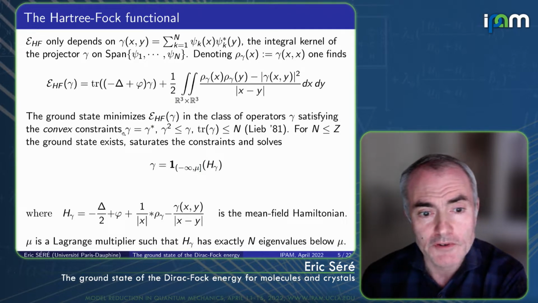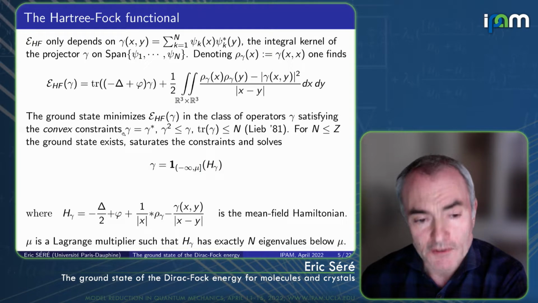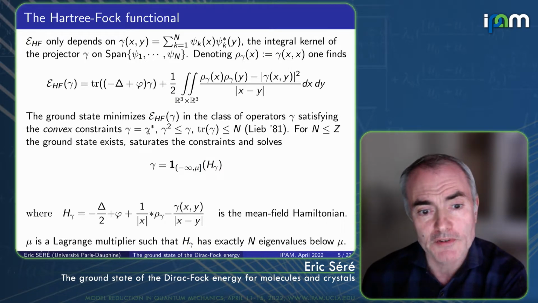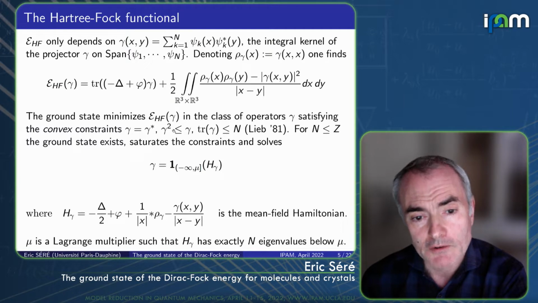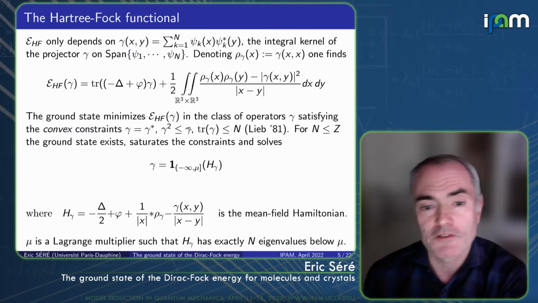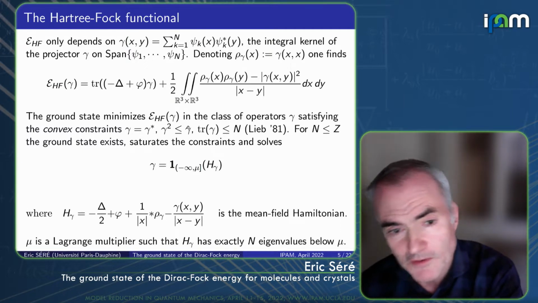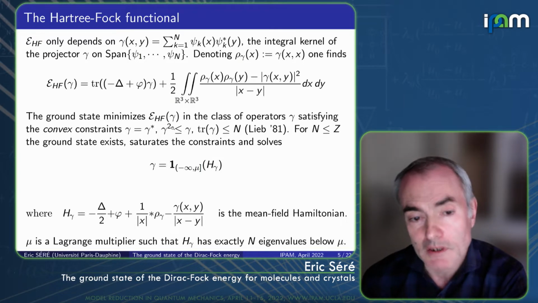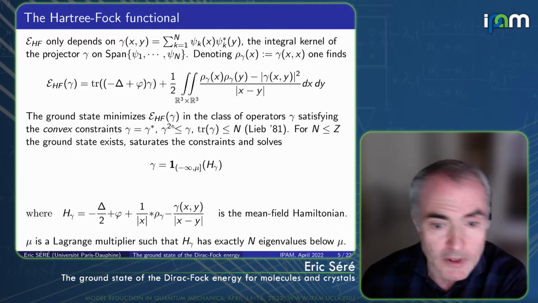This larger set is defined by these constraints. Gamma should be self-adjoint. Gamma squared should be less than or equal to gamma in the sense of self-adjoint matrices. Or equivalently, gamma should be between 0 and the identity.